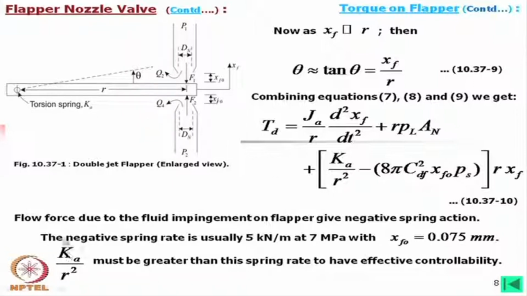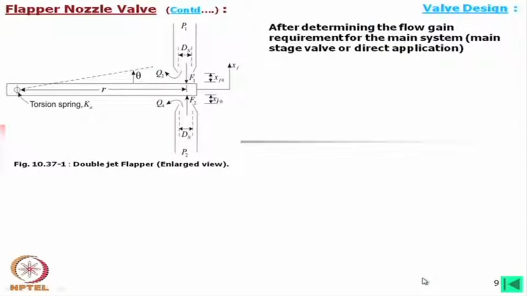So according to this value, once we decide this value, first of all we estimate this one, and from there we have to estimate this one, and accordingly we can design or select a torque motor for a flapper nozzle valve.